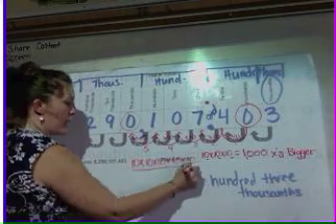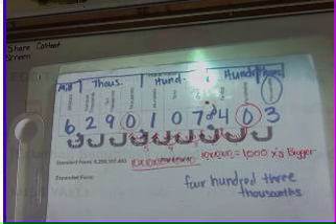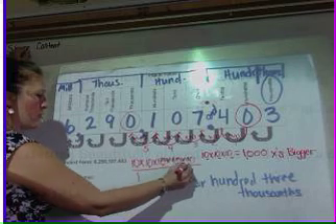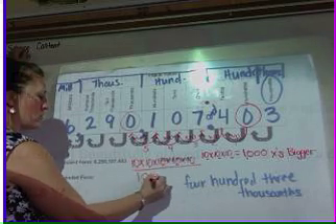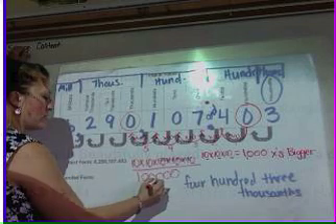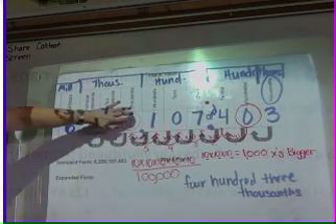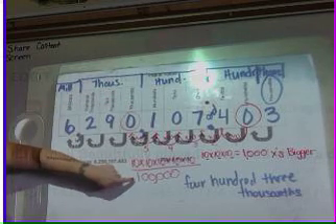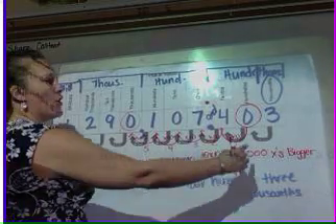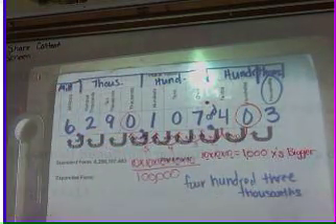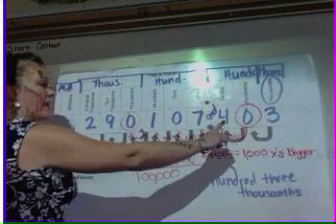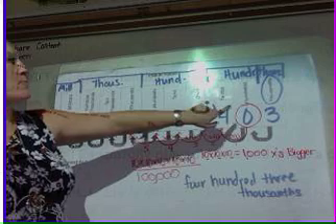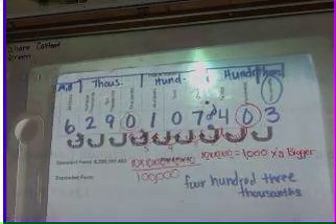So I put the 1, and I have 1, 2, 3, 4, 5 zeros, which means that the value of this 0 in the thousands place is 100,000 times bigger than the 0 that's in the hundredths place. So I count my jumps. This value is 100,000 times bigger than this value.